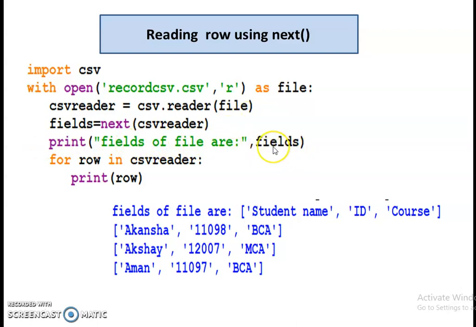Here the value of fields is the first row of the record CSV file, and the remaining rows we are extracting using this for loop. So we have 3 records after this particular row. This code will print this output. Hope this output is clear to you.